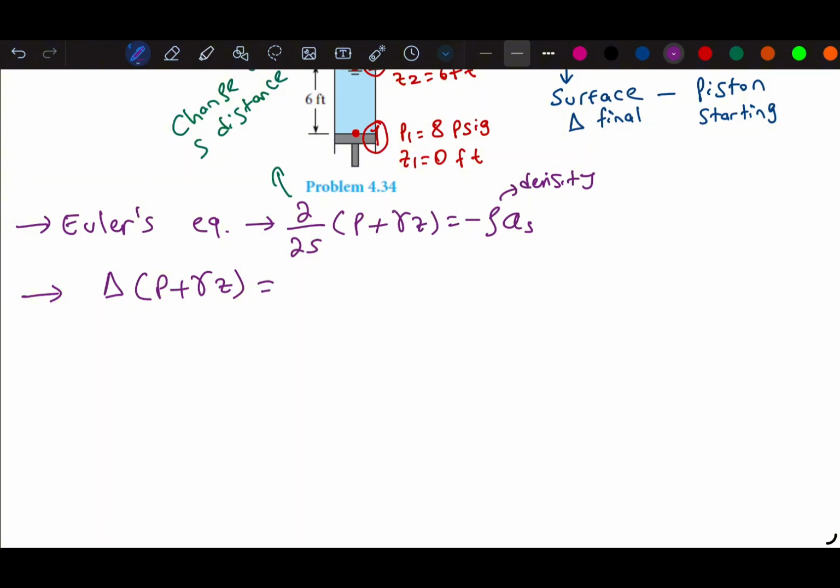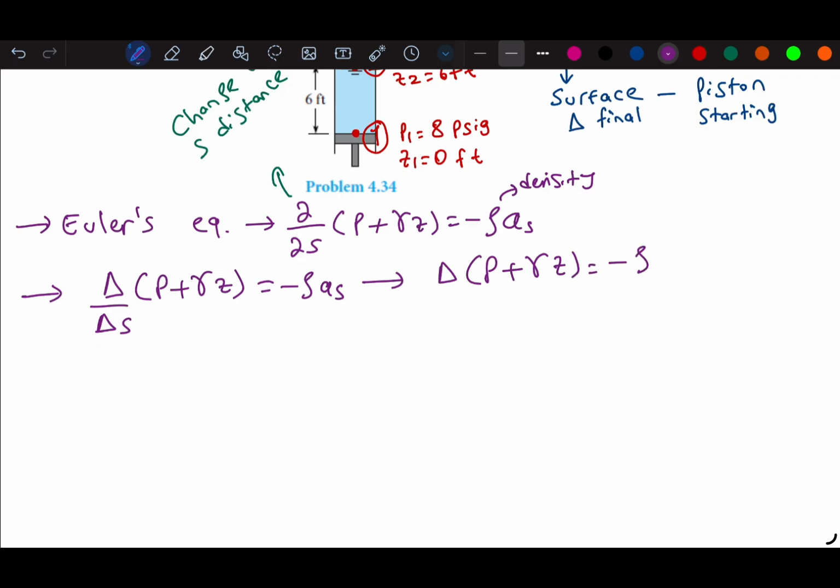This is equal to, actually let me start from here. So we can modify that in this shape. This is equal to minus density times acceleration times delta S.